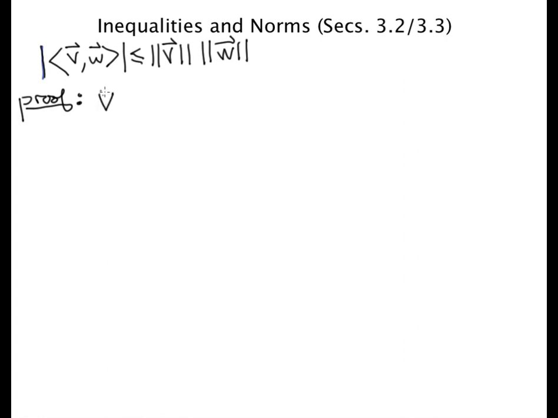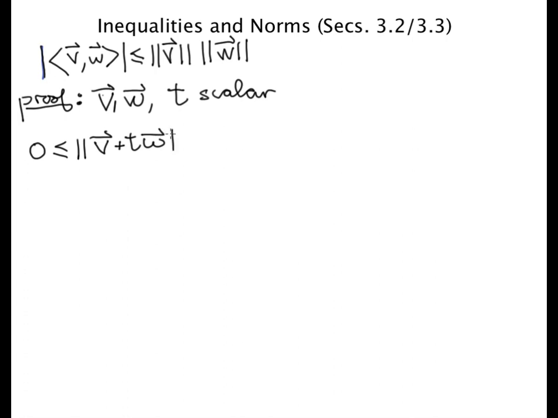So we're going to take any vectors v and w, and I'm going to let t be an arbitrary scalar. And I'm going to consider the following thing. Take v plus t times w, squared. So this is the squared length of the vector v plus t times w.